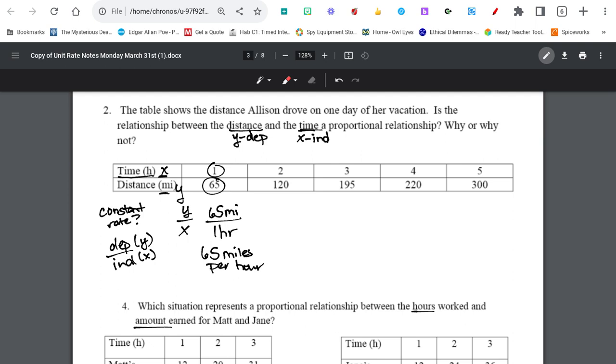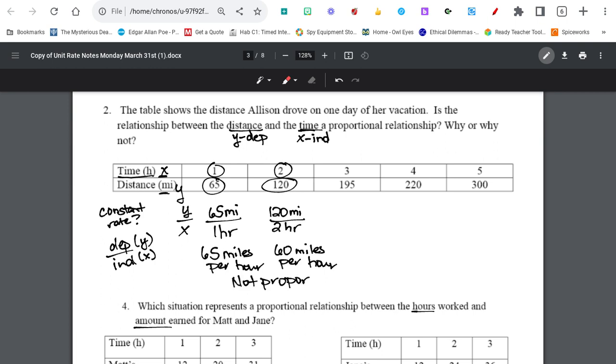The next Y is 120, so she went 120 miles in the course of 2 hours. So if I divide to get the unit rate, that's 60 miles per hour. Well, I can already tell you this is not proportional.